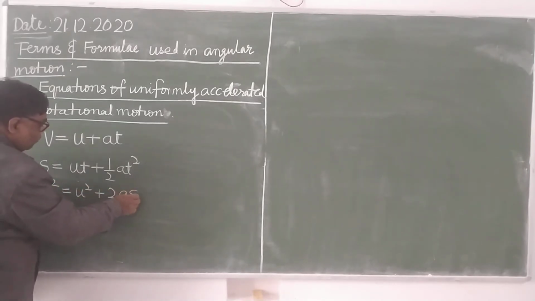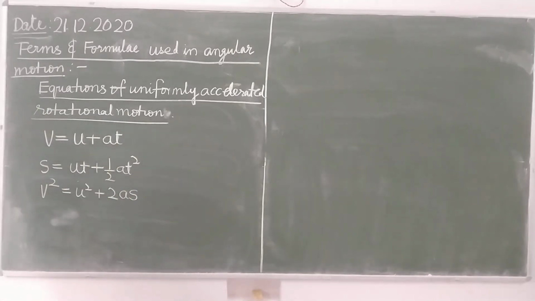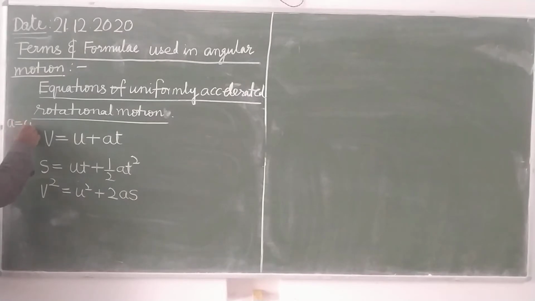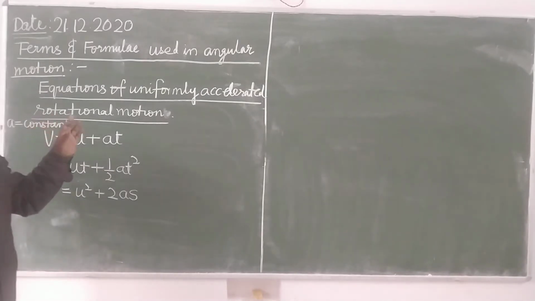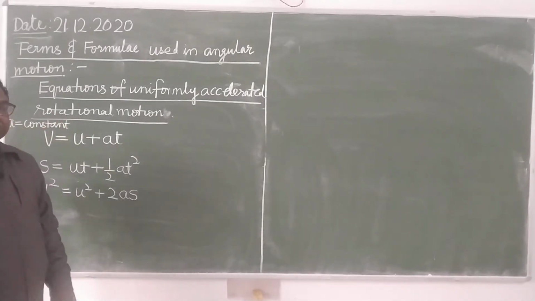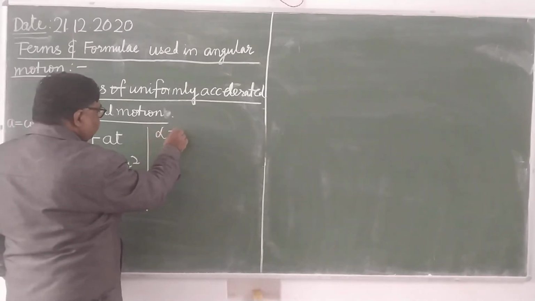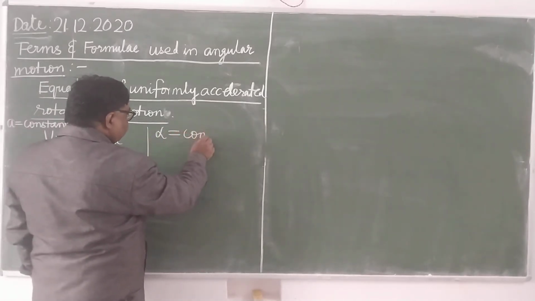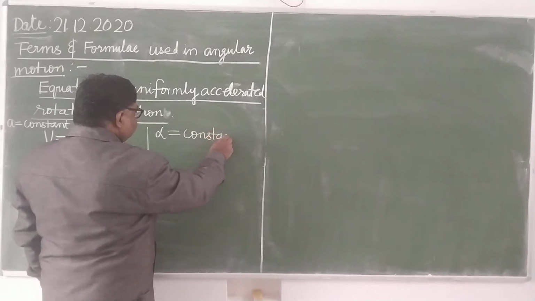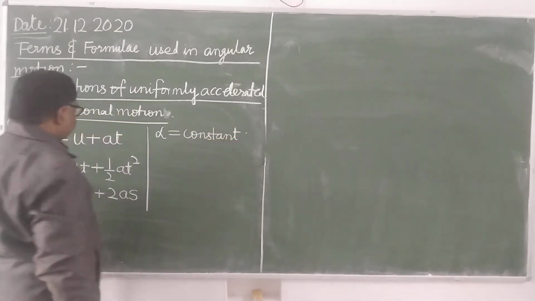Here uniformly accelerated translational motion means acceleration a is constant. Now when we talk about uniformly accelerated rotational motion, it means alpha is constant. Alpha will be constant, meaning it is not zero, it is constant.